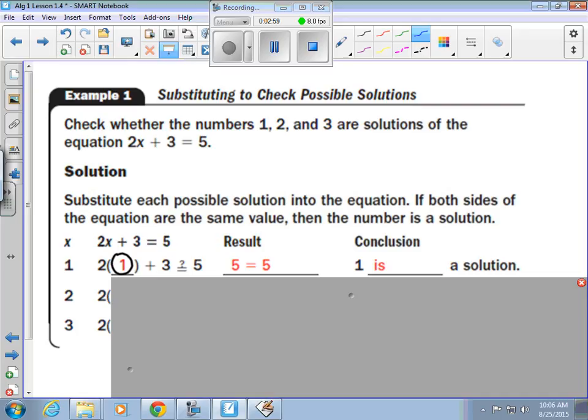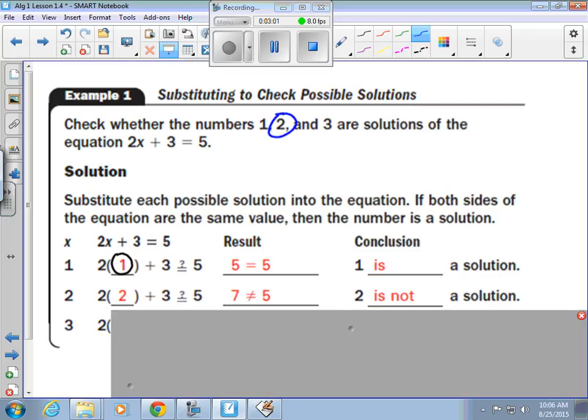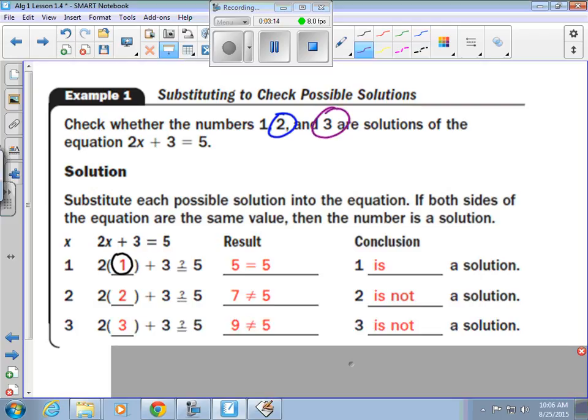When we try the number 2, 2 times 2 is 4. 4 plus 3 is 7. That is not equal to 5. Therefore, 2 is not a solution. And when we try 3, 2 times 3 is 6. 6 plus 3 is 9. That is not equal to 5. So 1 is a solution, 2 is not, and 3 is not.